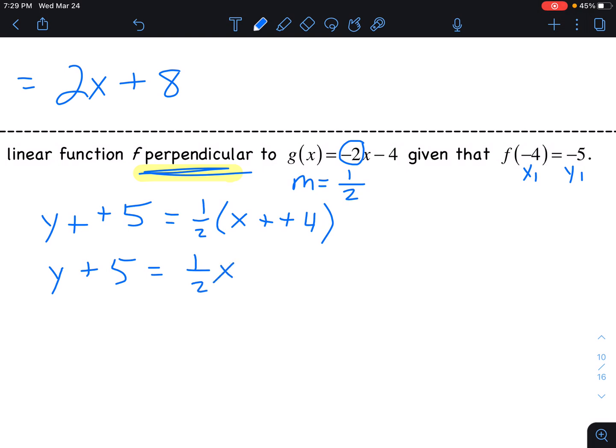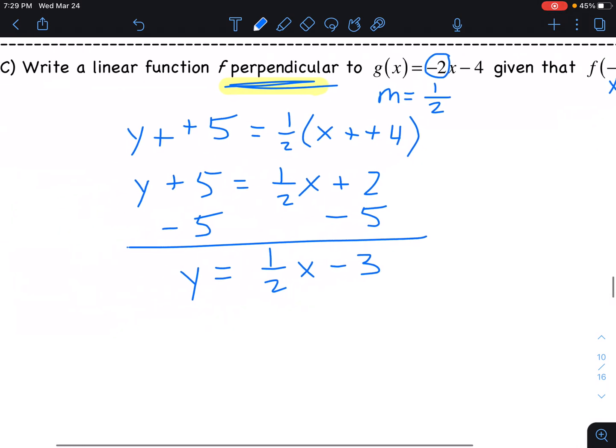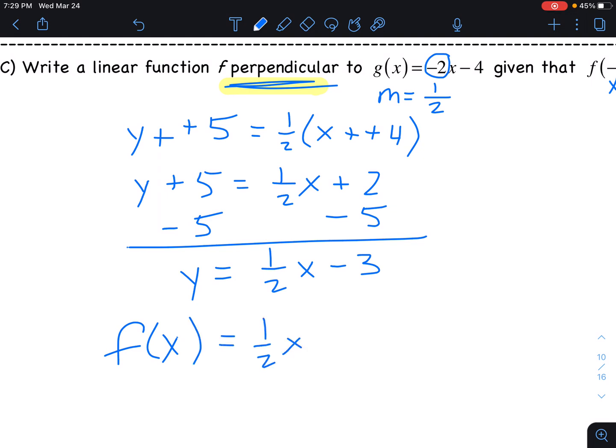So 1/2 times x, and 1/2 times 4 is 2. Then subtract 5. So there is our slope-intercept form. One final thing, we need to write a linear function f, so f of x instead of y. And then there's your answer.